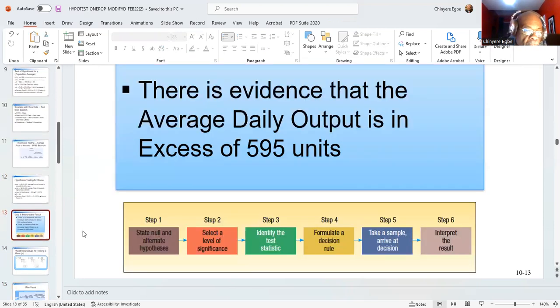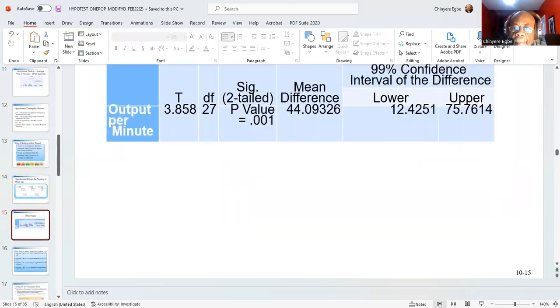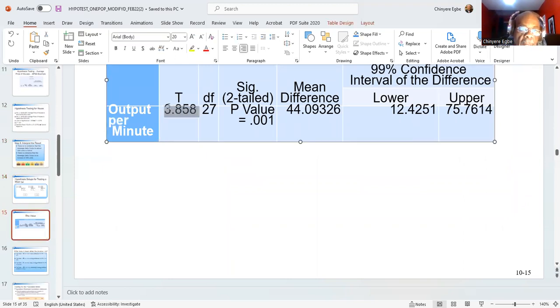All right. This is the same problem, the same process. You can see here the calculated Z, sometimes called a T if the sample size is small, is 3.8. You can see you have a positive.